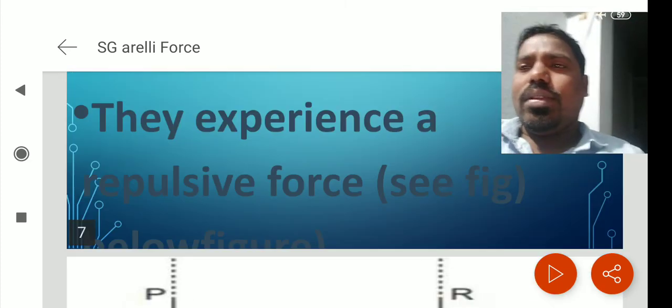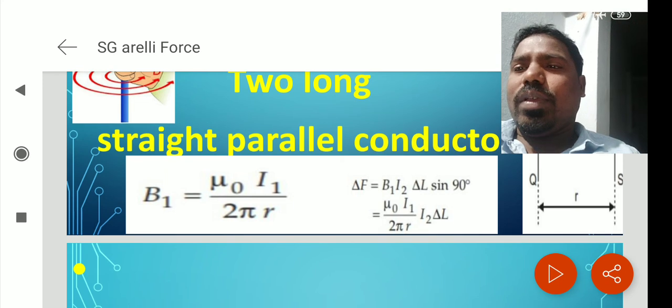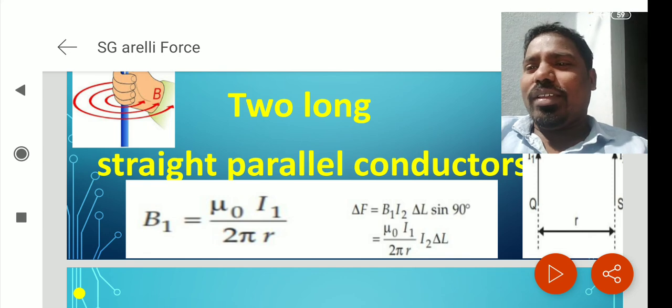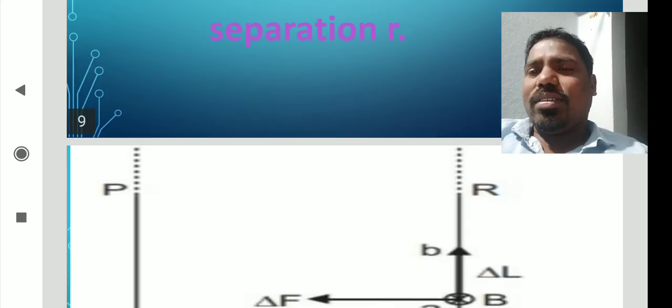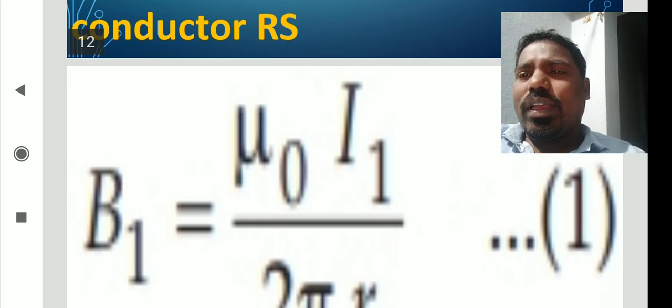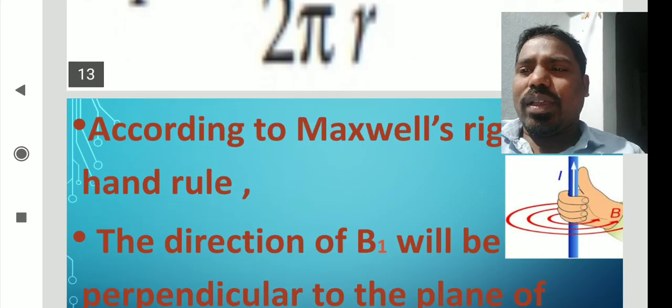So what is our task here? In this concept we introduce an equation, B1 equal to mu naught I1 by 2 pi r. This is equation 1. Because of the current in PQ, a field B1 is generated at RS.